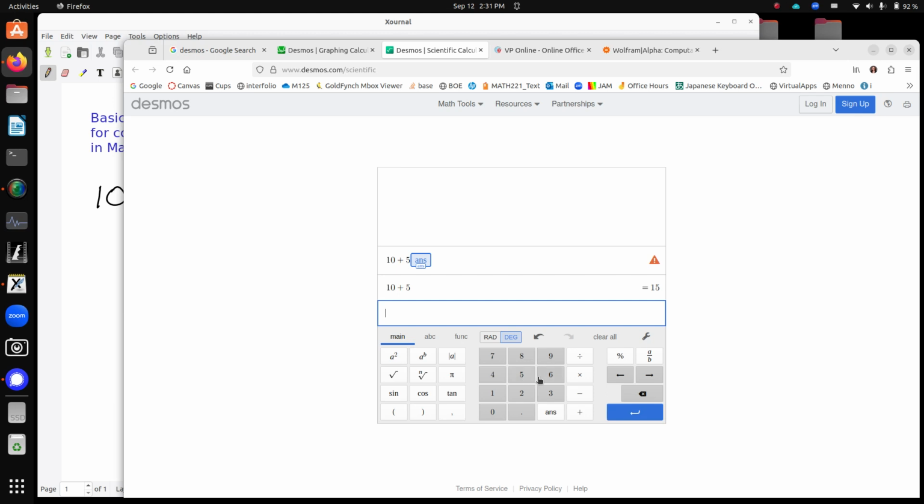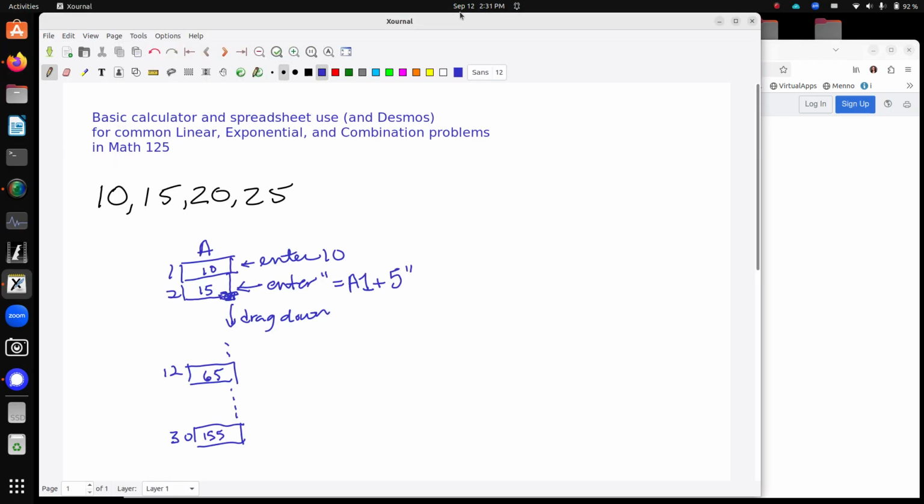I want answer plus 5. Then I hit enter. And then I hit answer plus 5, enter. And what if I keep hitting enter? Then it keeps going up. So this is the way a standard calculator works.